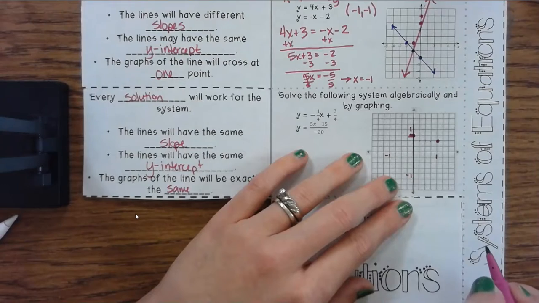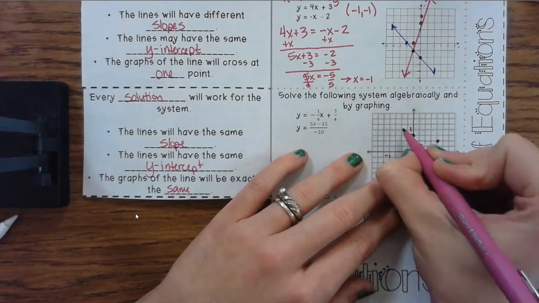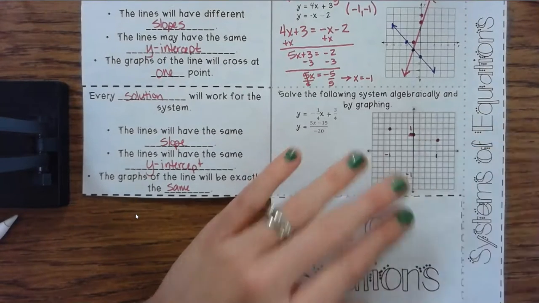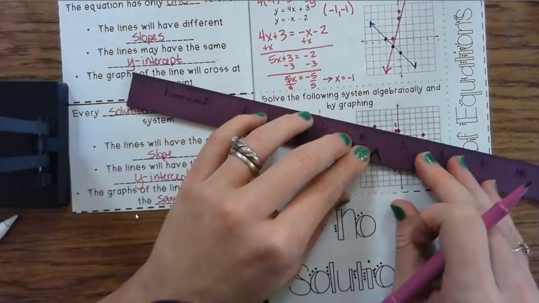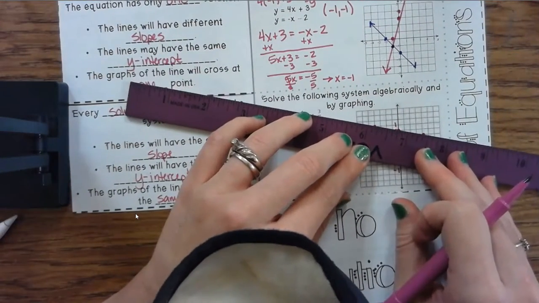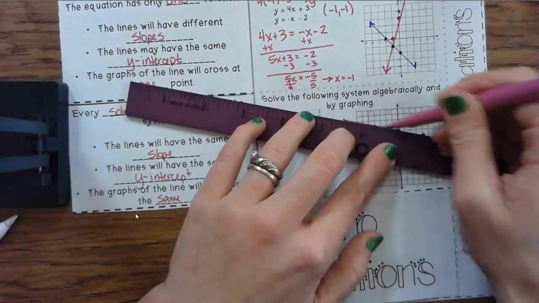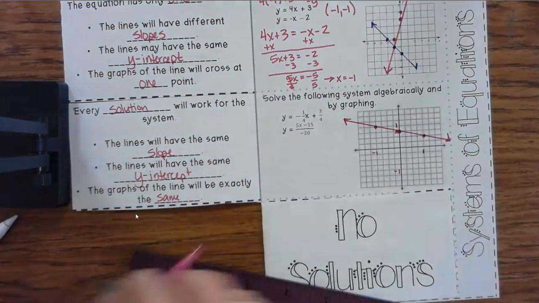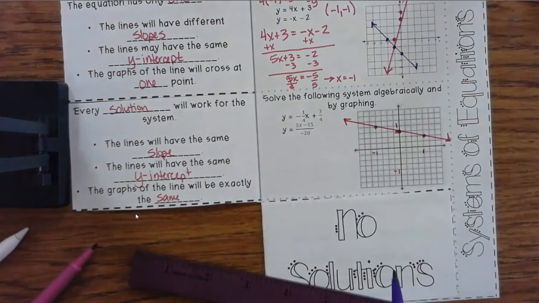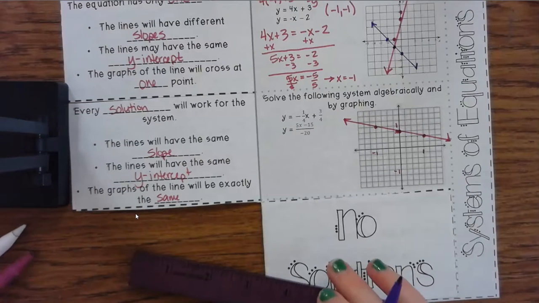You can calculate your slope. So there would be my first line. And then my second line, 5x minus 15 over negative 20.